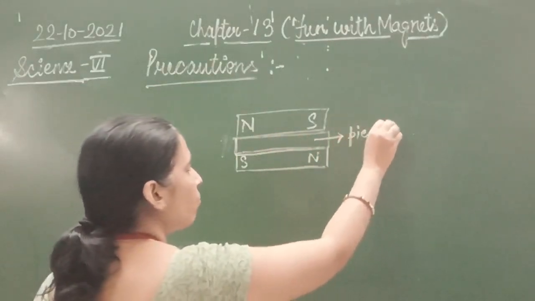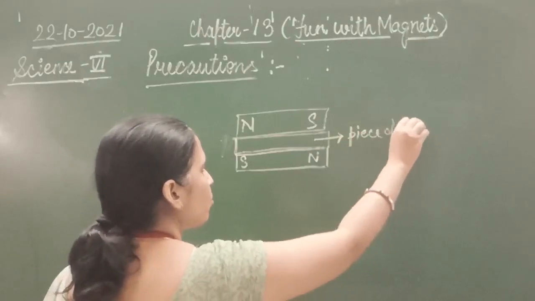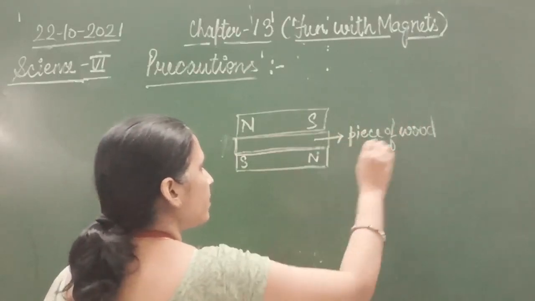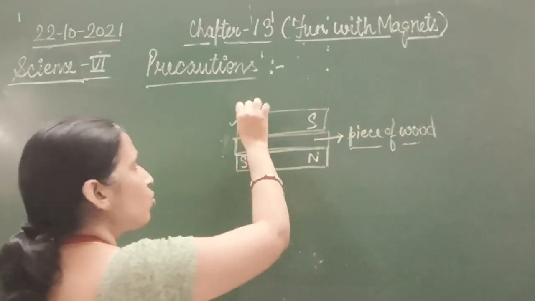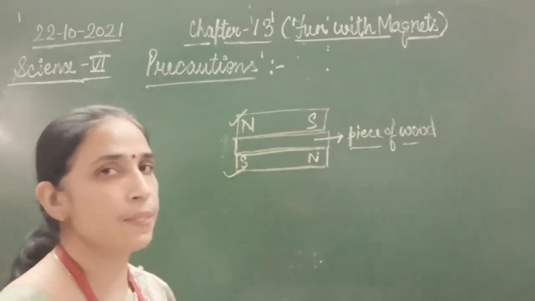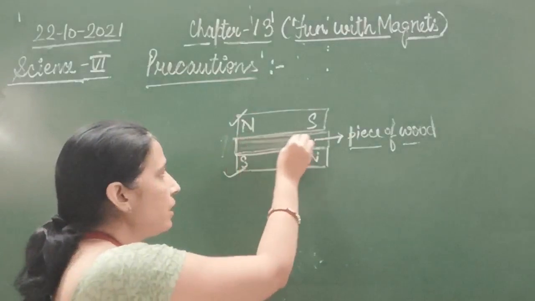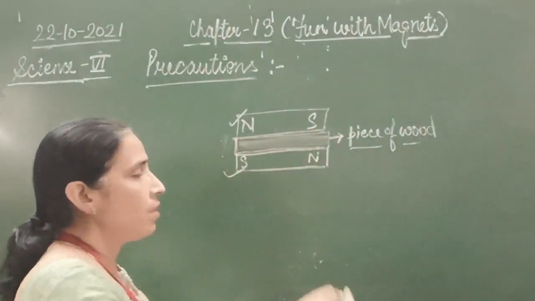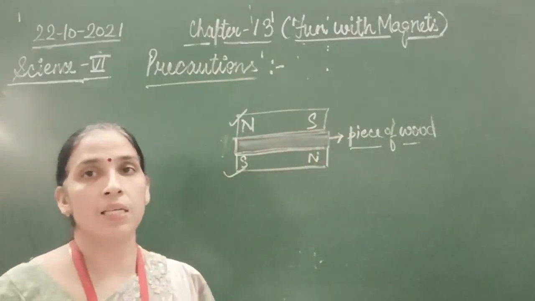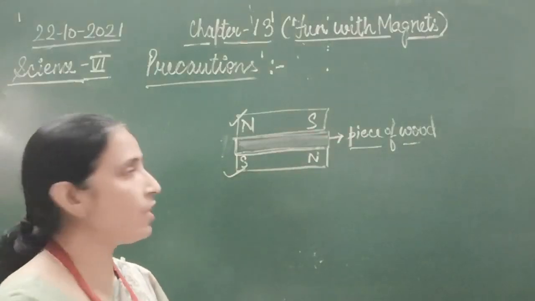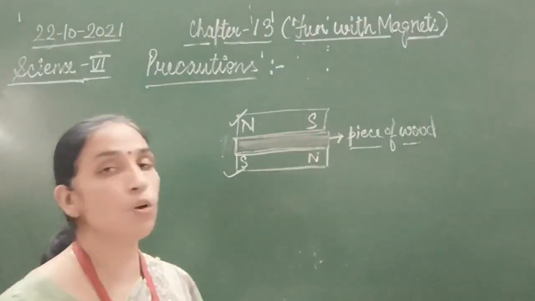A piece of wood is used to differentiate these two magnets. In between, you are going to place a wooden piece. Now what is the function of putting this piece of wood?